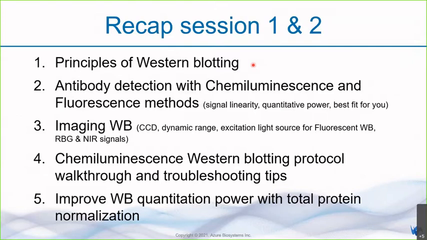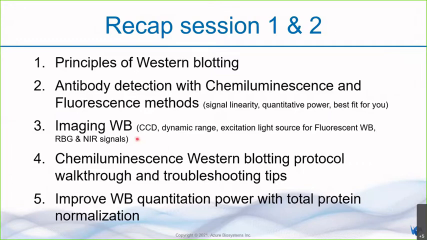Next, we learned about antibody detection with two major methods, chemiluminescence and fluorescence. We also talked about signal linearity and the importance of it, giving you the quantitative power, and then we should also choose based on your experiment needs.